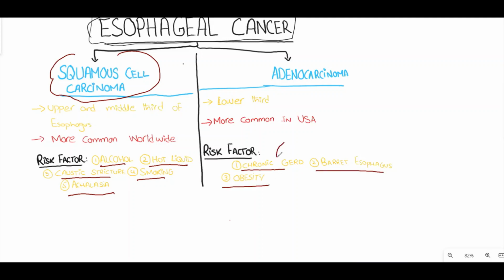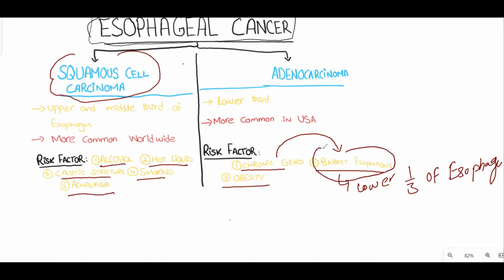So what happened? Chronic GERD induces Barrett esophagus in the lower third of the esophagus. Barrett esophagus is a metaplasia. So what happens in this metaplasia?